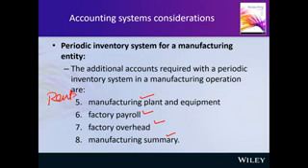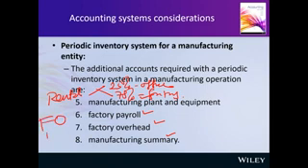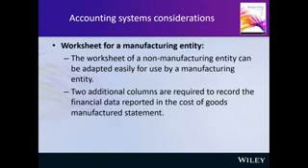In terms of rental, what percentage goes to the selling office and what percentage goes to the factory. So we need to determine our factory overhead and direct labor. Direct labor means employees that directly work in the factory to produce the finished goods. So we have to use more detailed, more specific accounts for them.